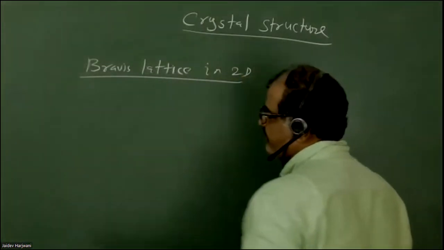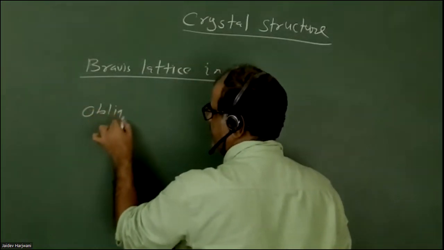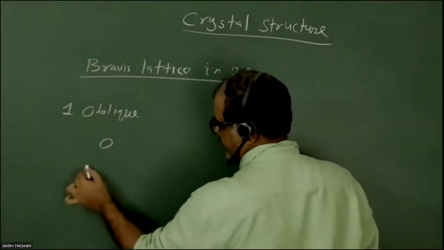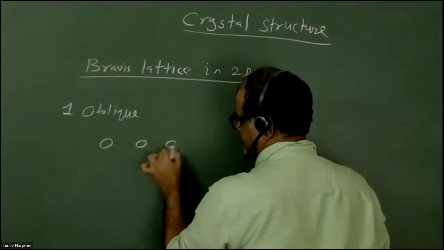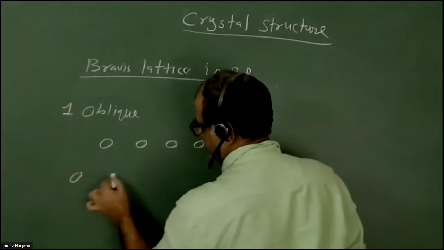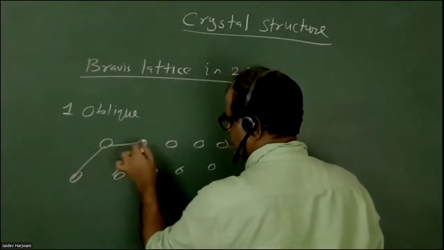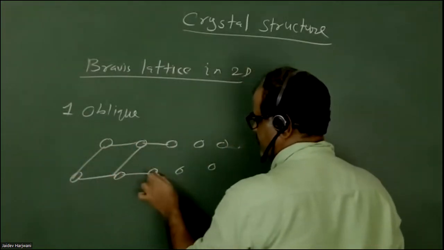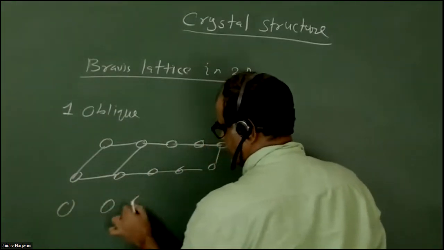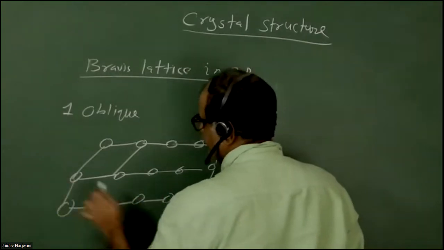So the number 1 is oblique. We can arrange the atoms in an oblique manner. So this is my oblique lattice.